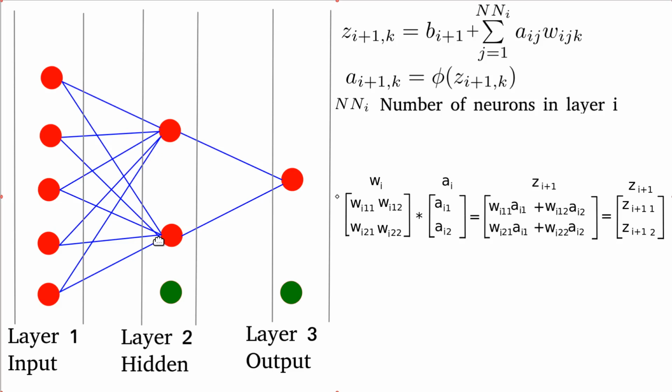As long as, like this could be a 2 by 5 matrix, which is what it would be here, and this would be a 2 by 1 matrix. Or no, this would be a 5 by 1 vector.